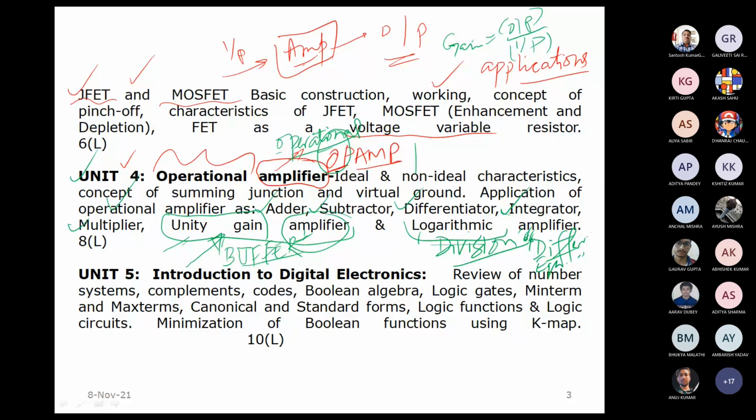An analog signal means we have some realistic signal and we can directly do the operations on that signal without converting it into another form, like digital format. So that is the utility of operational amplifiers.